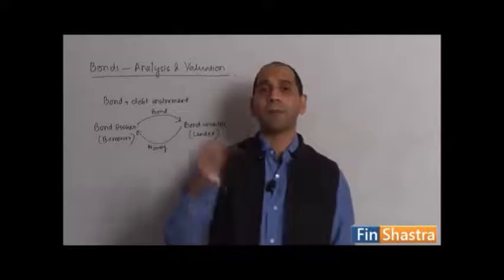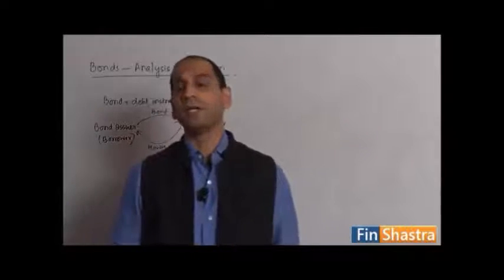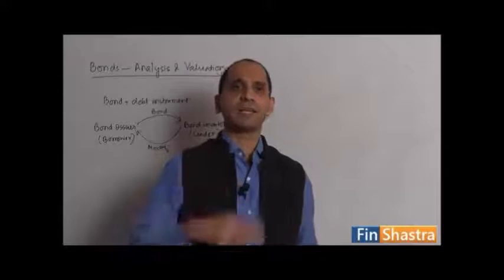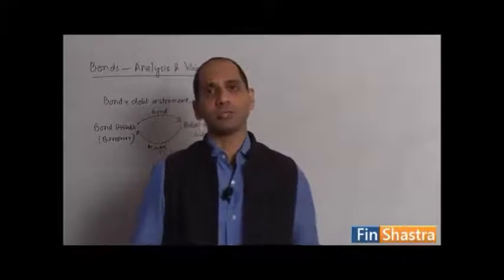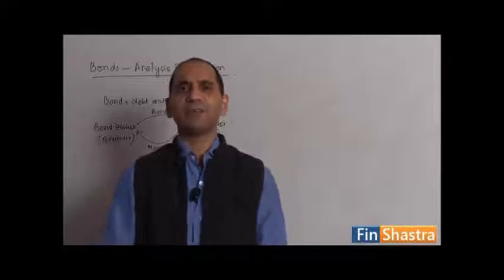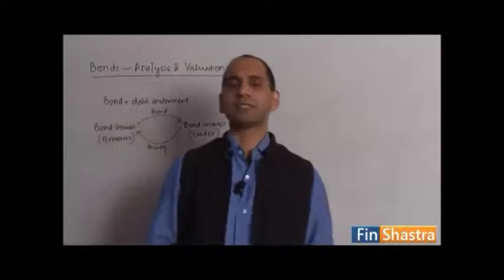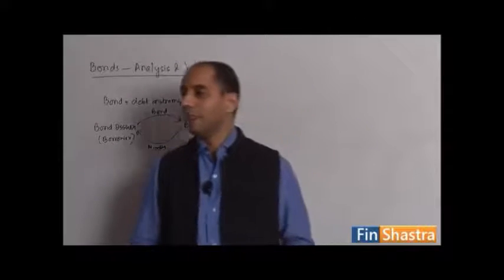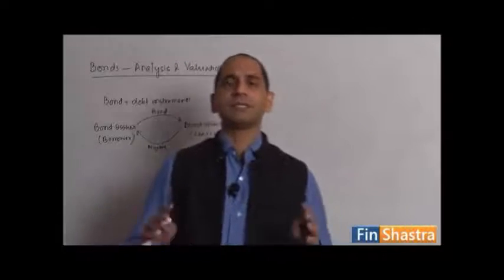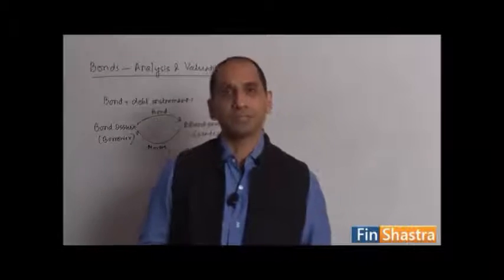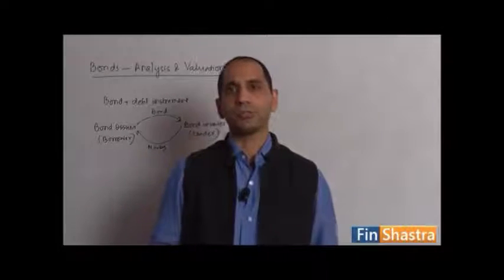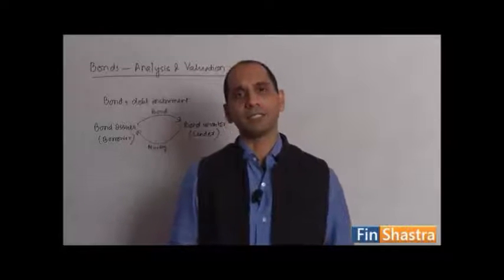Instead of one bank being exposed to the company, you will have multiple investors like you and me who would be exposed to the company risk. So to that extent, the risk gets distributed amongst multiple investors. That is how we will understand bond instruments: as debt instruments.